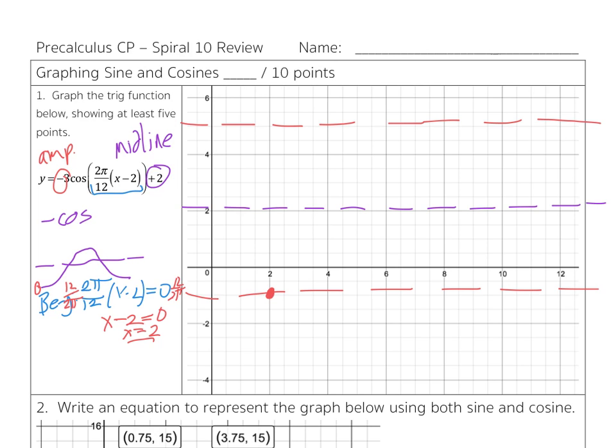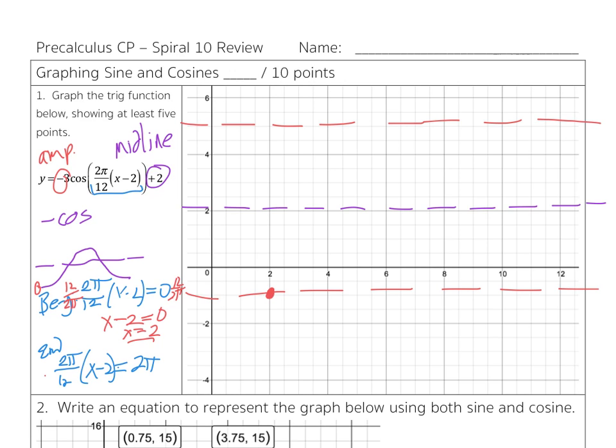Okay. The next thing I need to do is find an end point. So that's the beginning, and do the same thing. 2 pi over 12 times the quantity x minus 2 is equal to 2 pi.